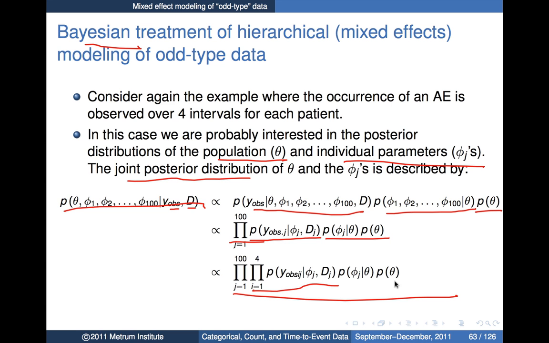Now, of course, usually we're not programming this in a way where we actually have to break out all of these by hand ourselves, but that in effect is what's going on when we structure the model as we're going to within WinBUGS. Okay, so that's basically then describing a population model for binary outcomes in a Bayesian framework.